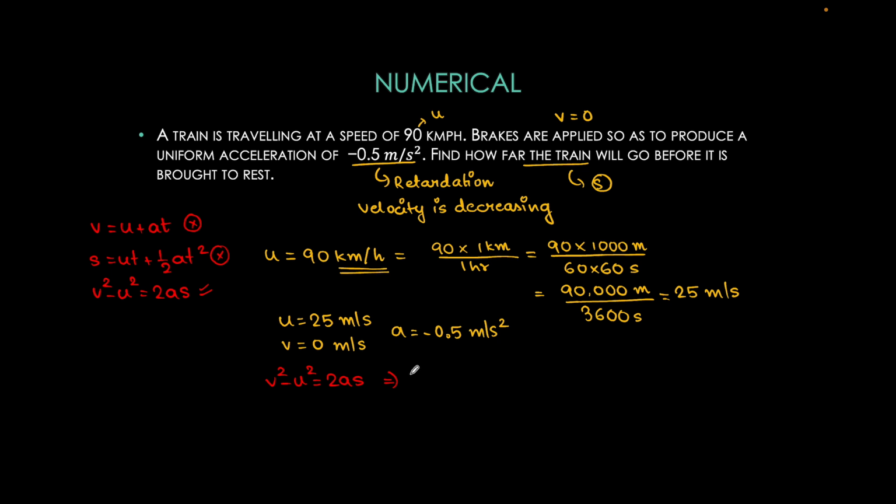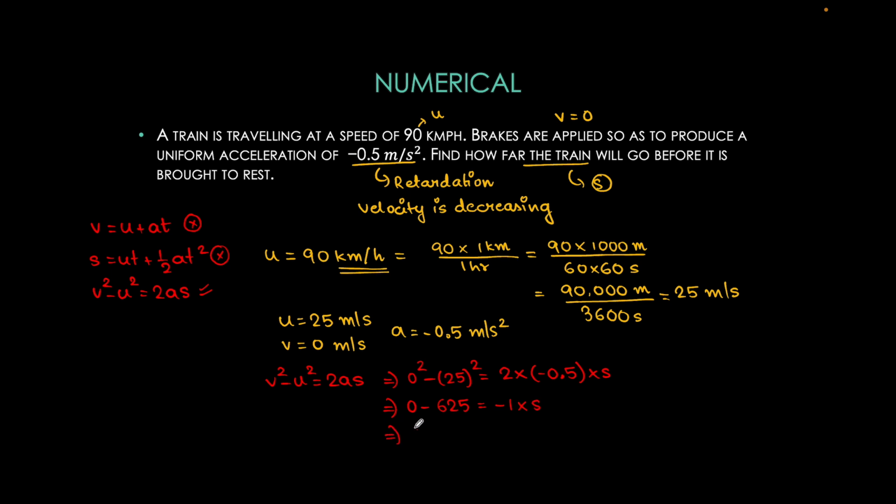So we have v square minus u square is equal to twice as, right? s is the displacement. So v is what? 0 square minus u is what? 25 square is equal to 2 into acceleration is what? Minus 0.5 into s. So we can find the displacement from this equation now. So it will be 0 minus 625 is equal to minus 1 into s.